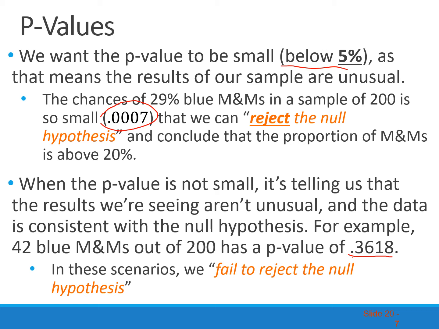So in other words, if we were to take a whole bunch of samples of 200 M&Ms, we would expect to see 42 or more blue M&Ms about 1 out of every 3 times. This is not enough evidence for us to be convinced beyond a reasonable doubt that the proportion of blue M&Ms is greater than 20%, and we would fail to reject the null hypothesis.